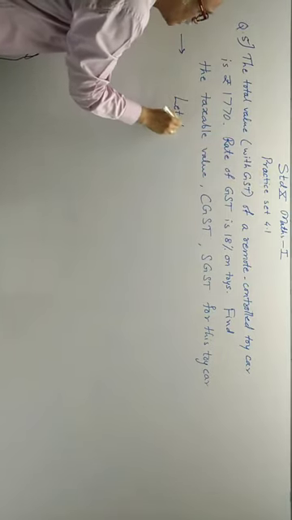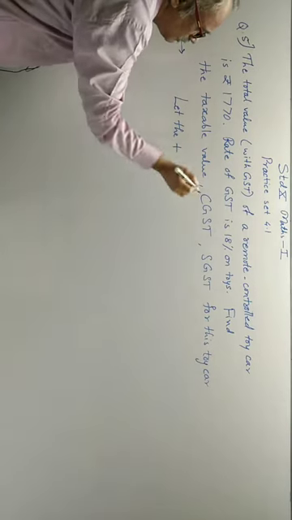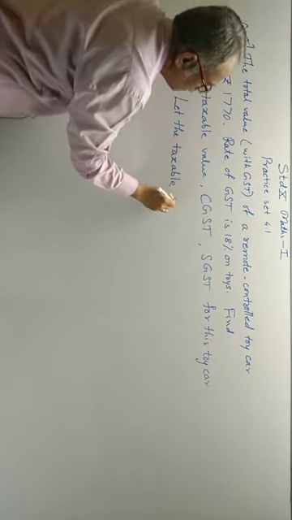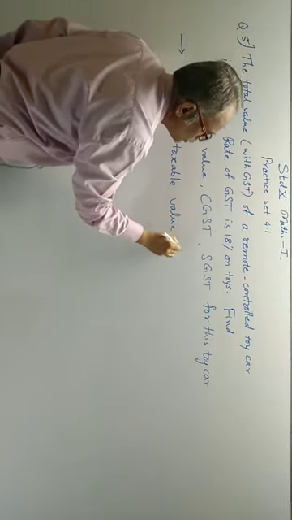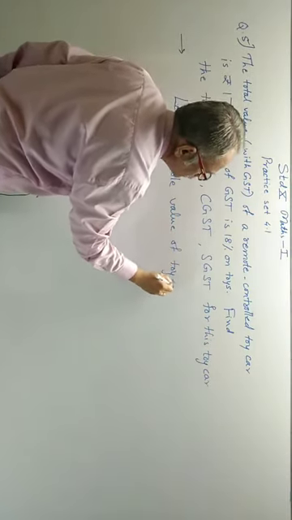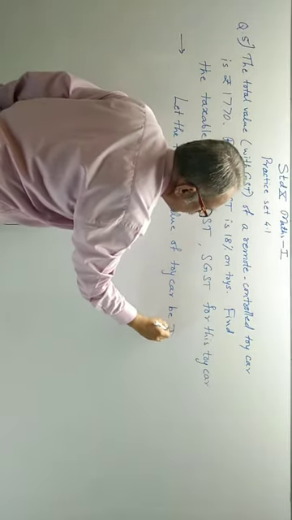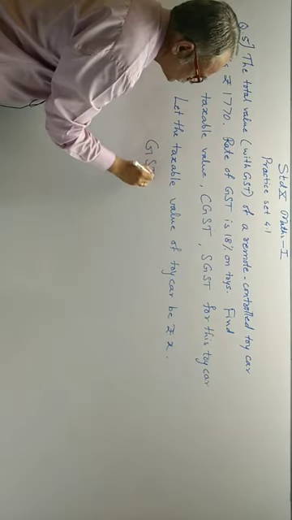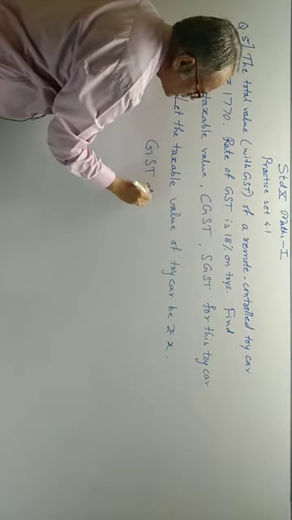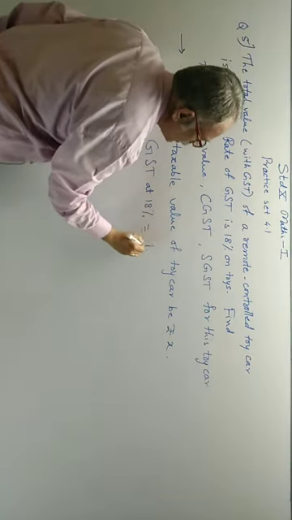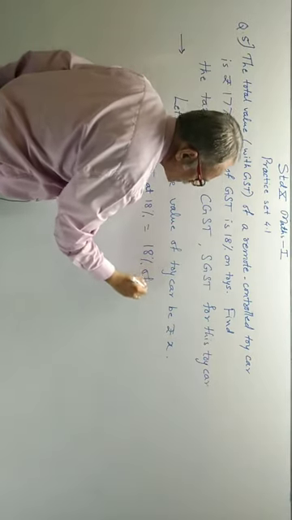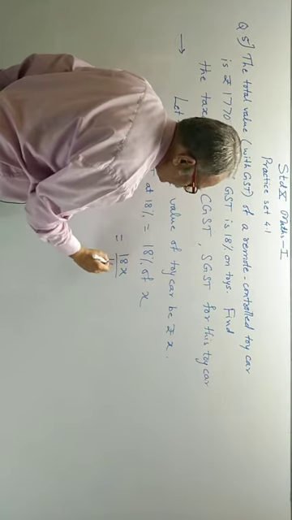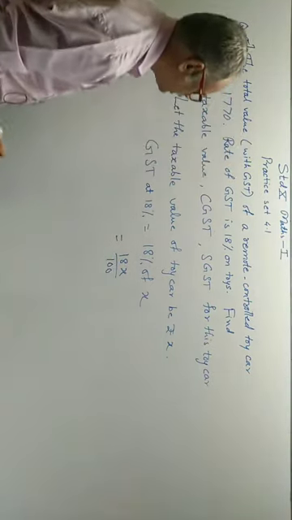Let the taxable value of toy car be rupees X. Therefore GST at 18% equals 18% of X, that is 18x upon 100.